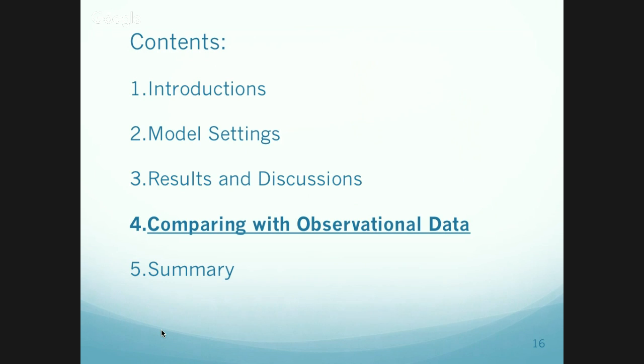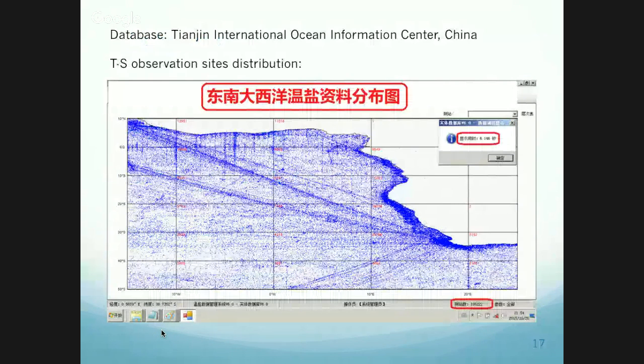There's one huge problem that we have been facing, which is that we lack observation data for our study. Now we actually have some observational data, and I will do a brief introduction to it. The database is from the Tianjin International Ocean Information Center in China, and sorry for the Chinese characters.